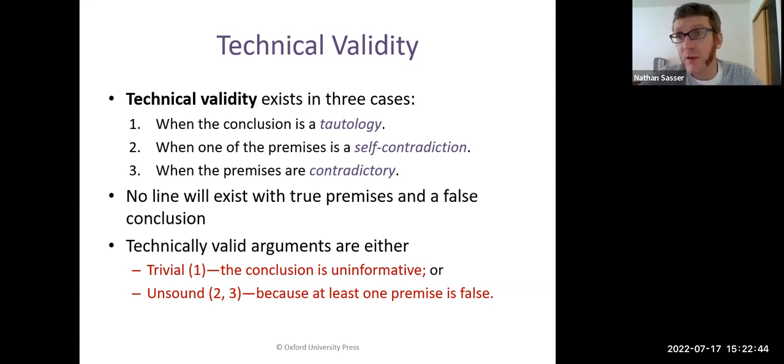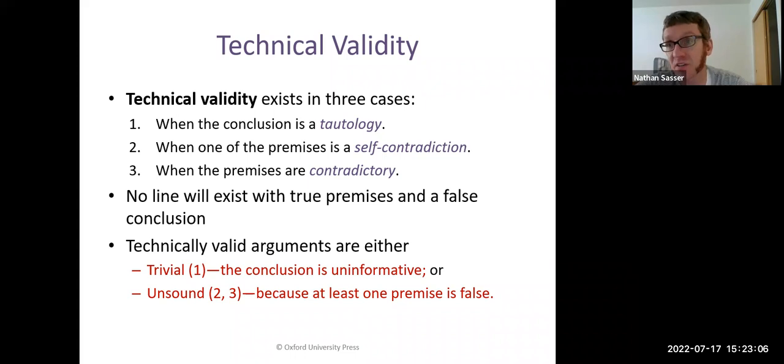So, of course, if the conclusion is a tautology, then the conclusion will never be false. And if the conclusion is never false, then there's not going to be any lines on that truth table where the premises are all true and the conclusion is false. It's bulletproof against that.